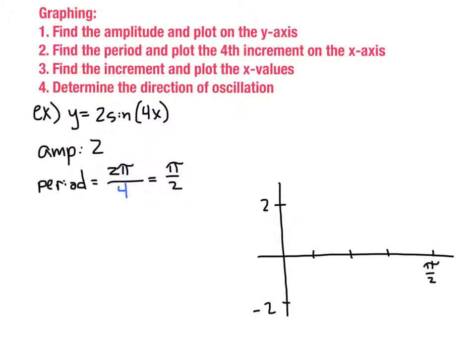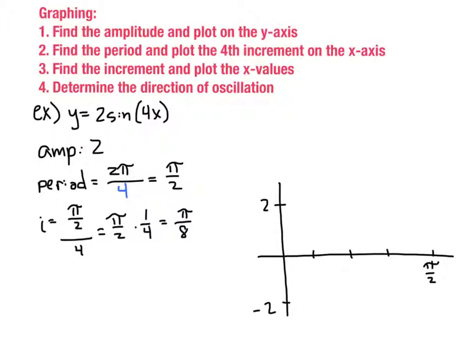Okay, the next step is to find the increment and plot the x values. So to find the increment, I'm just going to take my period, pi over 2, and you always just divide that by 4. But if you have a fraction, remember that dividing by 4 is the same thing as multiplying by a fourth. So that would be pi over 8.